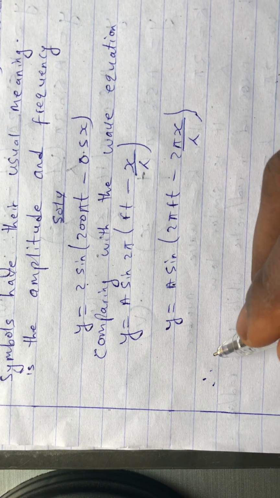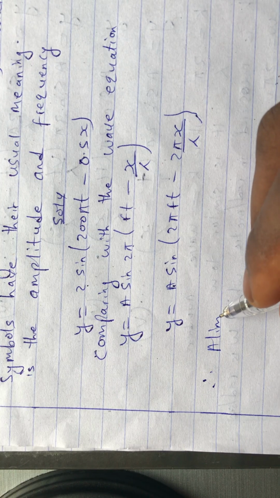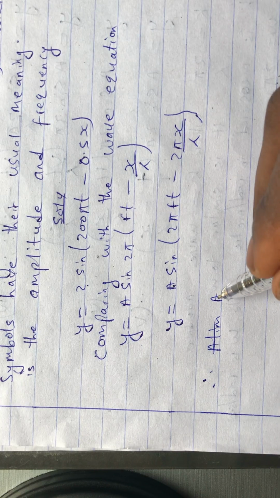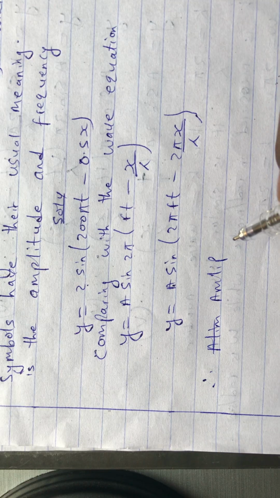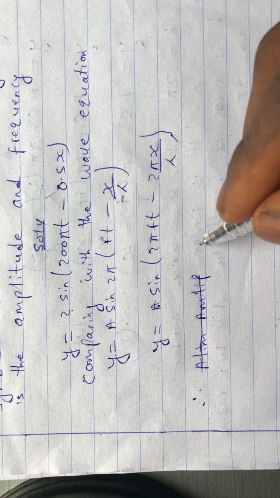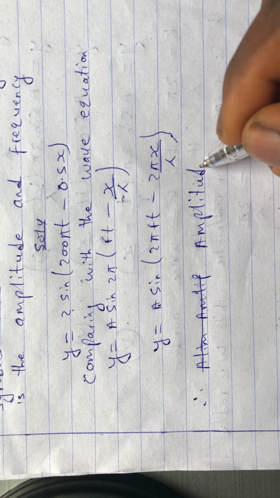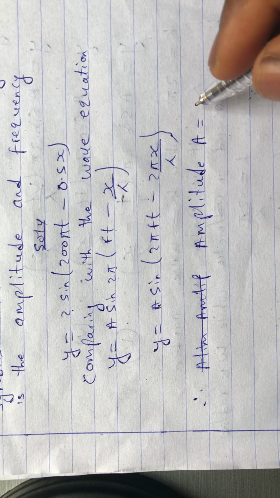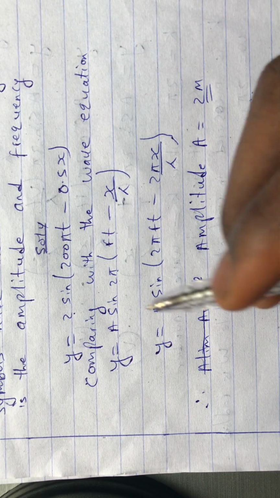Therefore, your A, which is your amplitude, is equal to 2 meters. You simply just compare it.